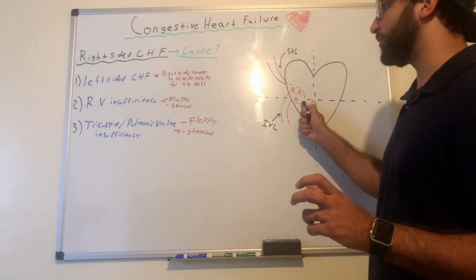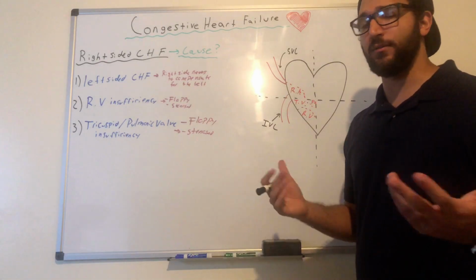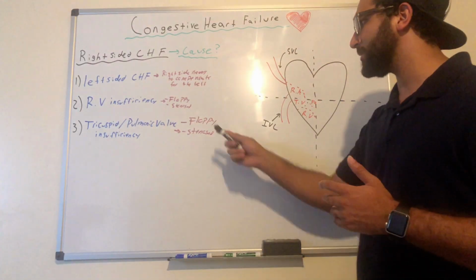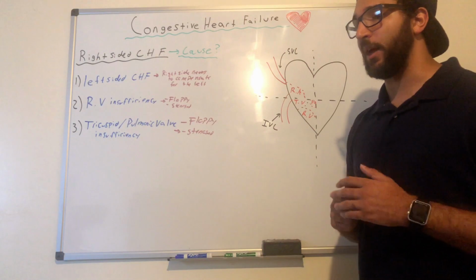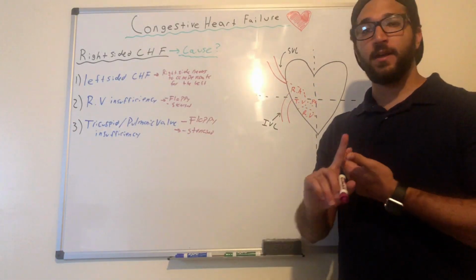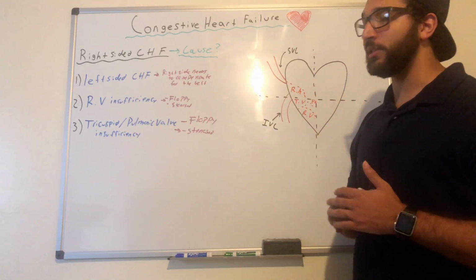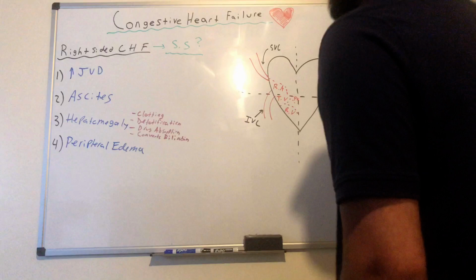These two valves could be damaged from a disease process, or they could be stenosed or floppy. There is a trend here: either a valve malfunction or a ventricle malfunction within the right side, which leads to right-sided CHF.